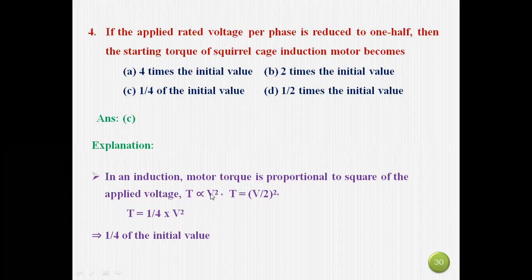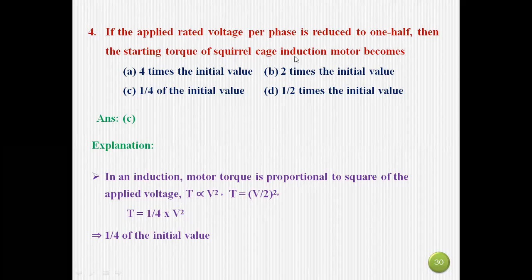Here they are saying, if the applied rated voltage per phase is reduced to 1/2. If you are taking that as V, you are reducing it to half, so V by 2. If you are taking E, you can take E by 2. If we are reducing the voltage to 1/2, then the starting torque of a squirrel cage, or a slip ring, we have the same equations.